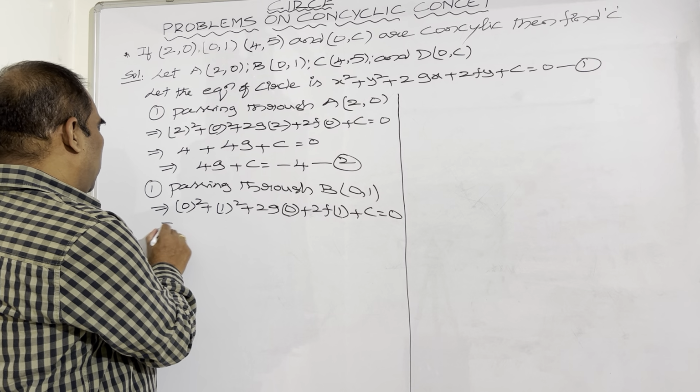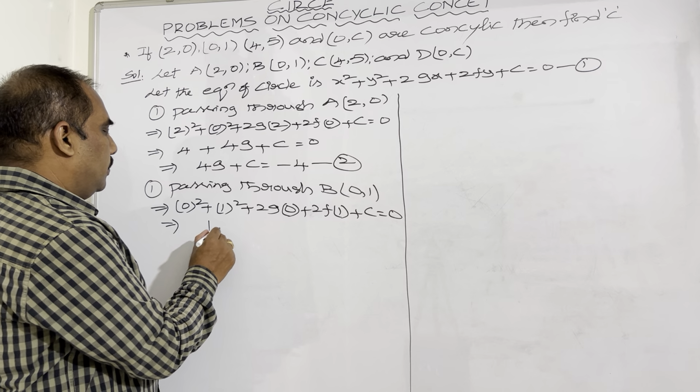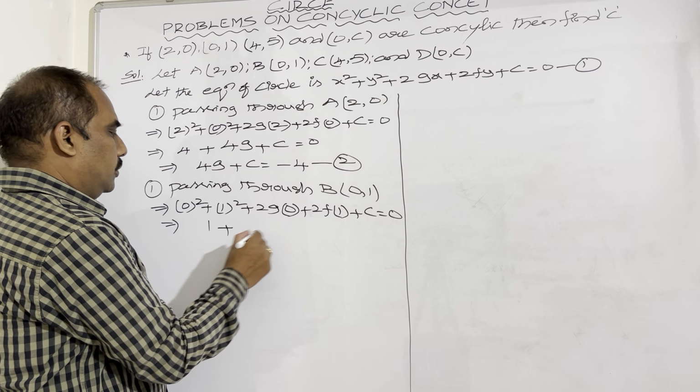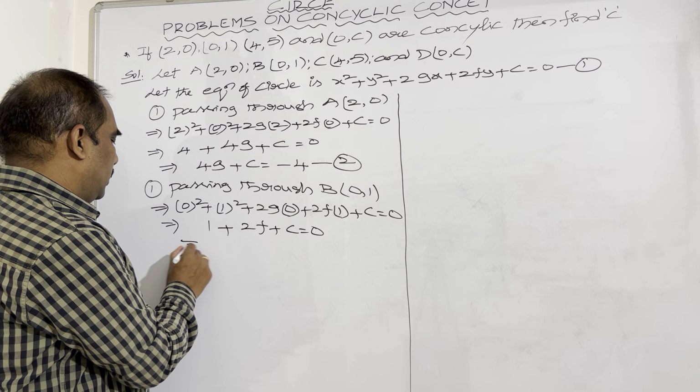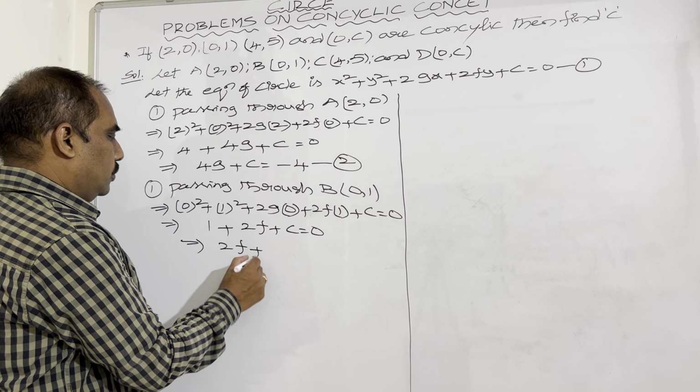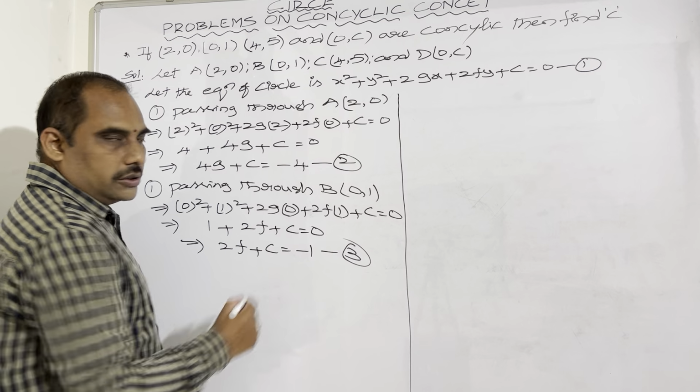So we get 1 plus 0, 2f plus c is equal to 0, which can be written as 2f plus c is equal to minus 1. Say this is the third equation.